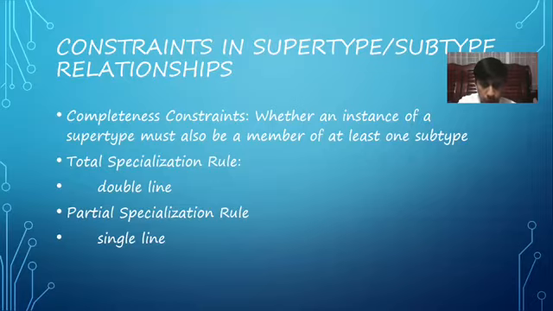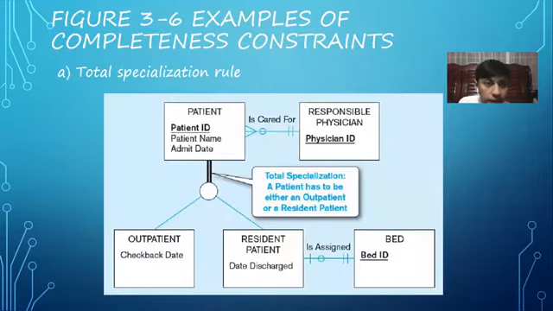A page, for example, is for the figure 3.6 examples of completeness constraint. A total specialization rule. In this example, the business rule is the following. Patient must be either an outpatient or a resident patient. Total specialization is indicated by the double line extending from the patient entity up to the circle.